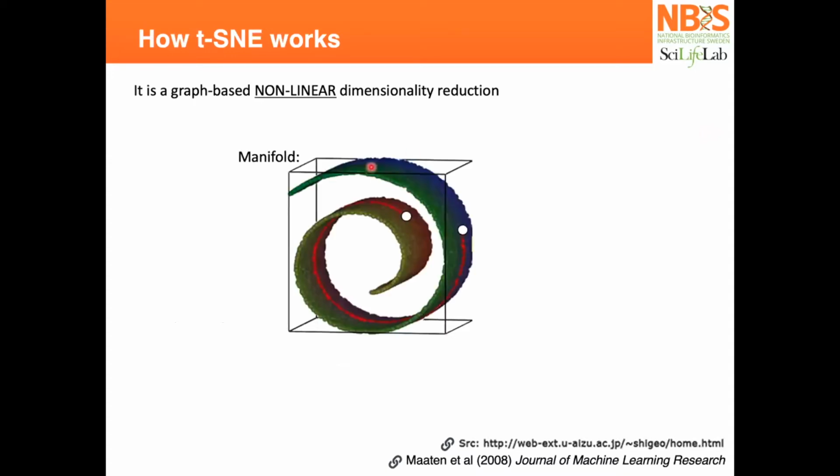But imagine that you have, for example, the samples that are distributed in this manifold. So this is not a linear problem. So imagine that you have these dots here, the white one and this other one. So the distance between those two dots, if you consider, for example, a PCA, would be just the Euclidean distance between them. But if you consider the tSNE, we'll find the closest neighbors to this cell first, and then the closest neighbors to that cell, the closest neighbors to that cell, and so on and so forth, until you get to this cell here.